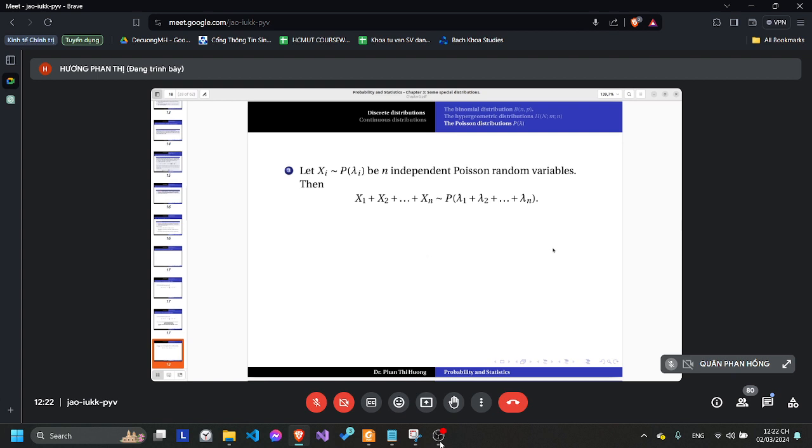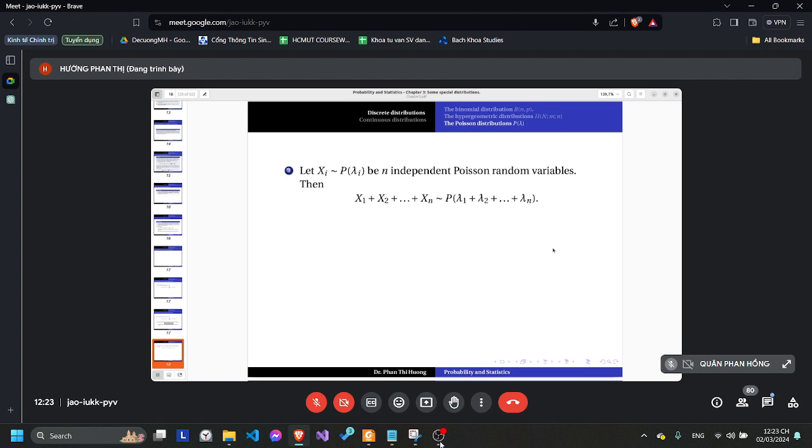Next, we have two important properties of the Poisson distributions. The first property allows you to take the sum of n independent Poisson random variables. It says that if Xi follows a Poisson distribution with lambda i, and of course the lambda i have the same unit.